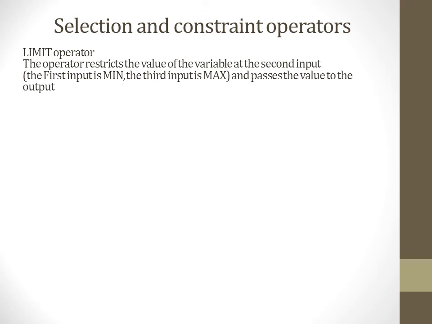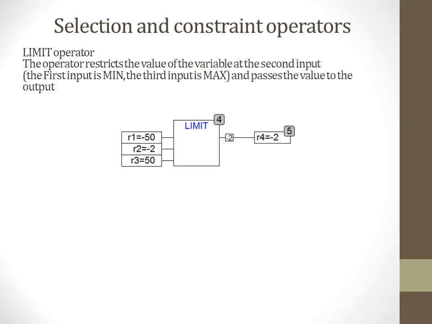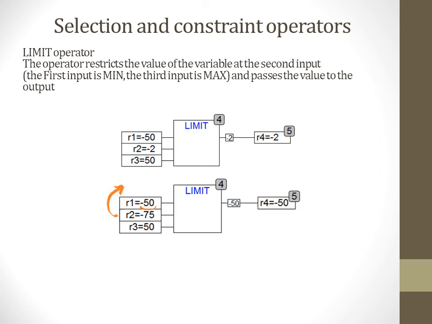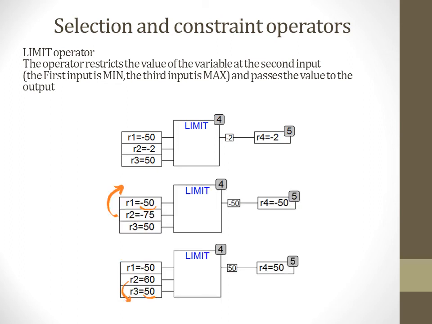So next, the limit operator. The operator restricts the value of the variable at the second input. So this is the limit operator implementation. The R2 variable can change its value between the limits, which are given by variables R1 and R3.